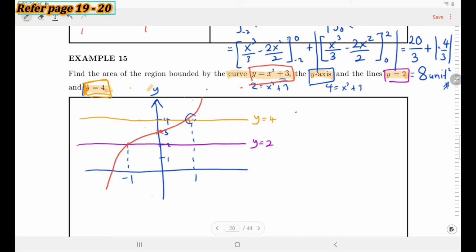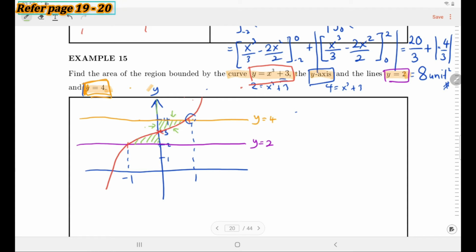As we look at the y-axis as a reference, this would be the region under the curve. We see here a red color, orange color, and blue color.